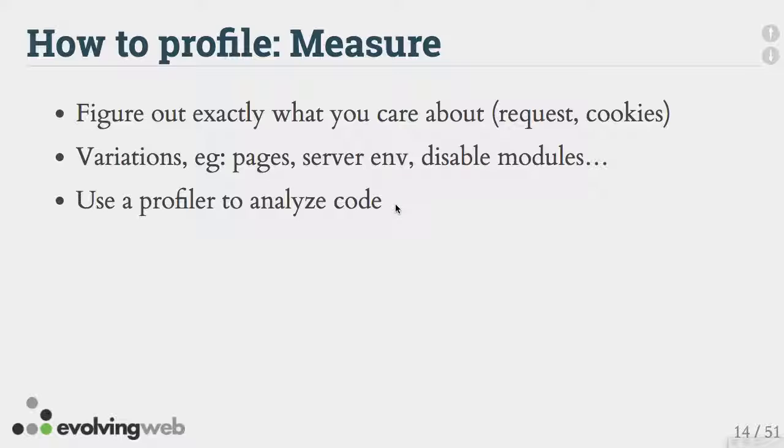And once you've got an intuition for what slow means, you can go into the profiler to figure out how that slowness is split along all the different functions that are called by the Drupal codebase, and which of them are the likely culprits.